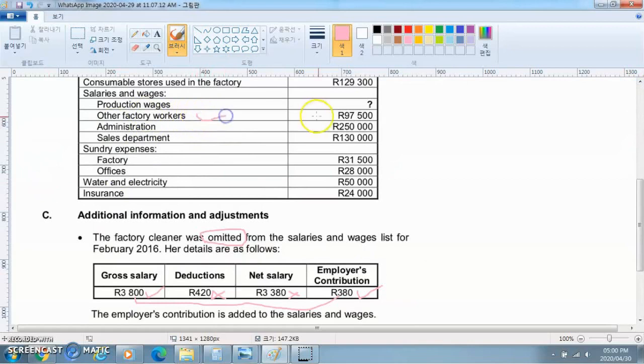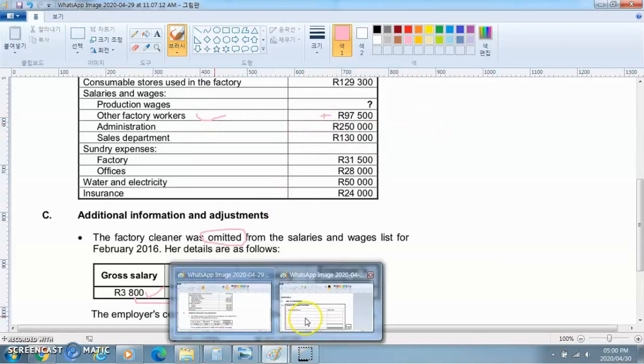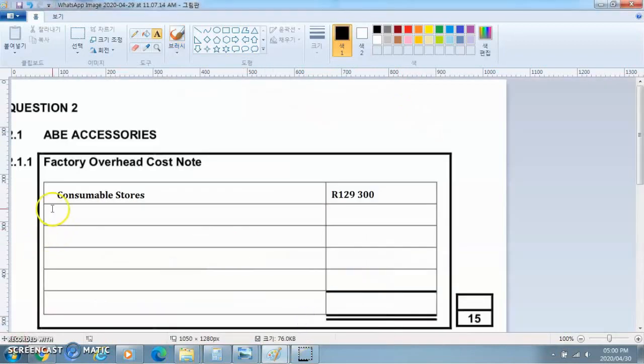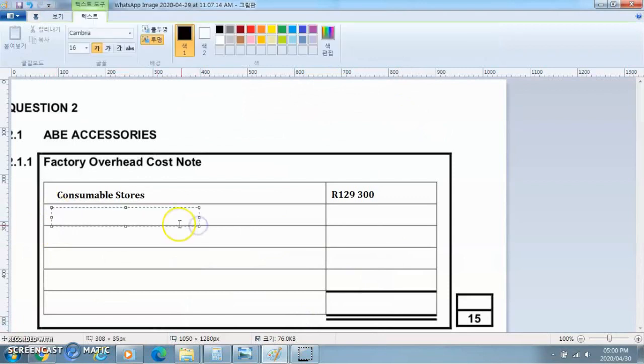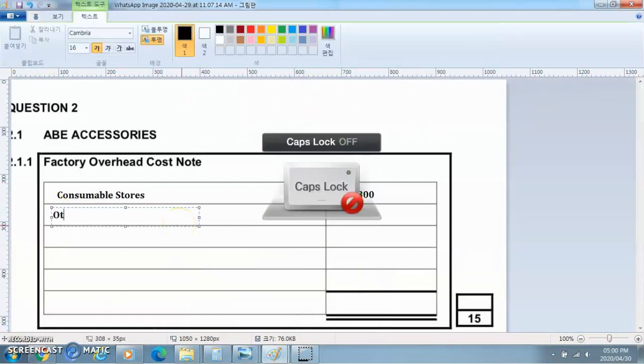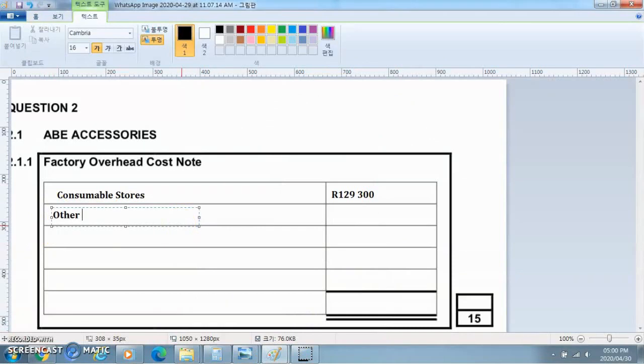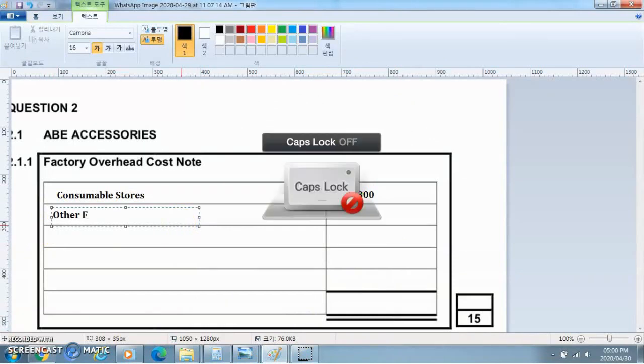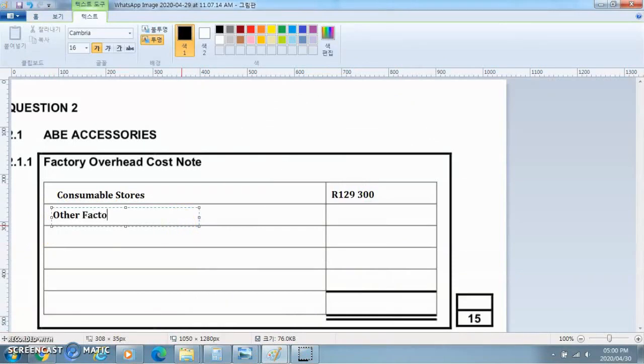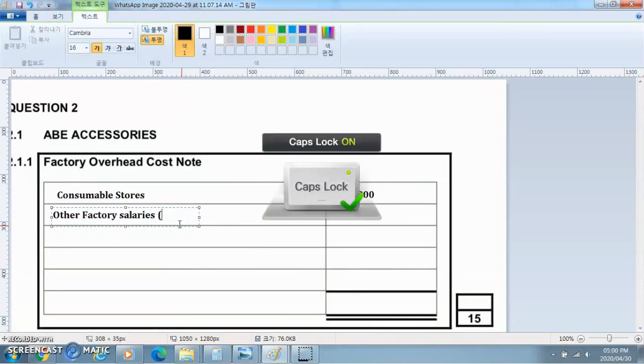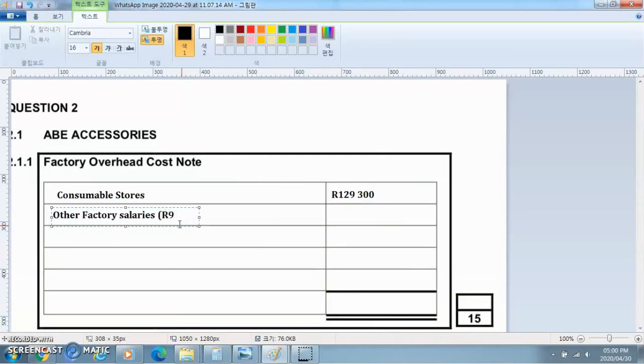So we have to do what? Add it to the 97,500. So we would say here other factory salaries, whatever, it's up to you. So this will be 97,500, right?